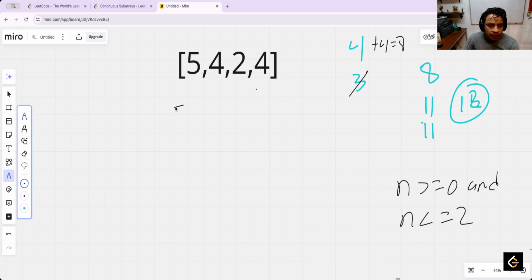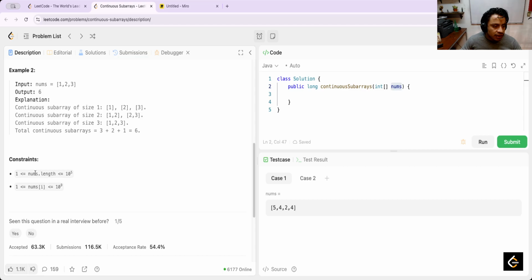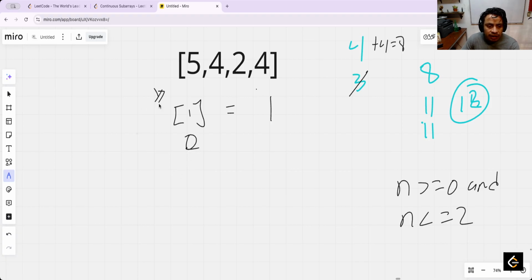Okay, but what happened when I only... let me check the constraints. The length is at least 1, and the values are positive starting from 1. Okay, in this case, for example, I can have only 1. In this case, the size is 1, then the first is 0, and it stops. Okay, when the size is 1, I return only the length that is 1.